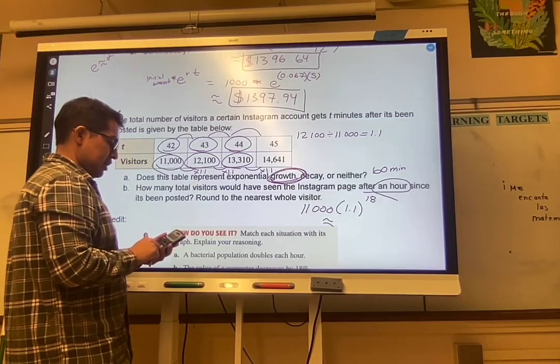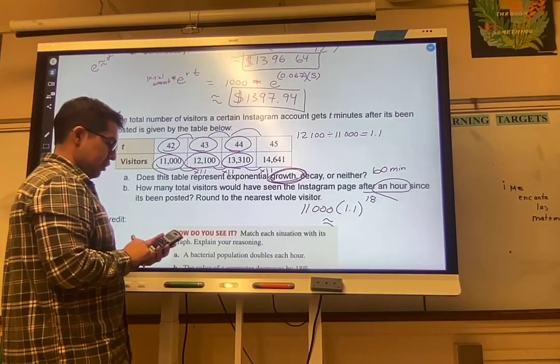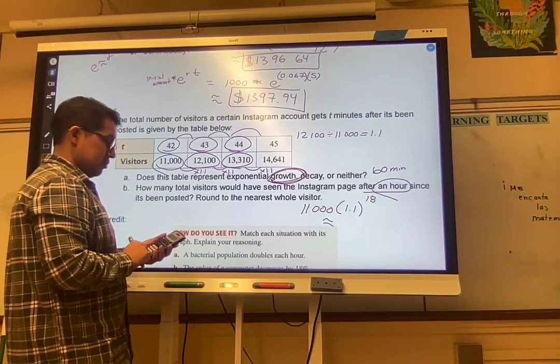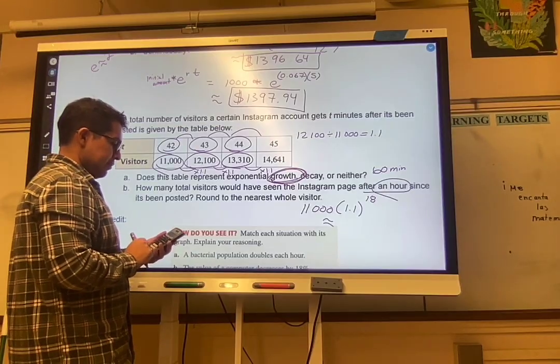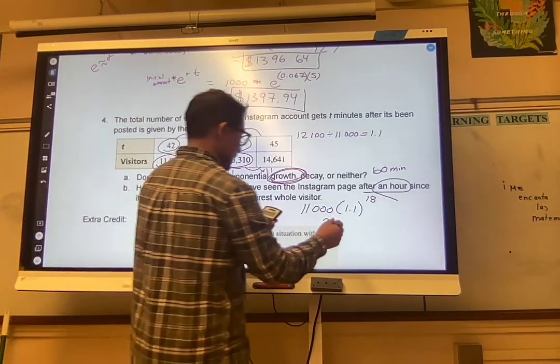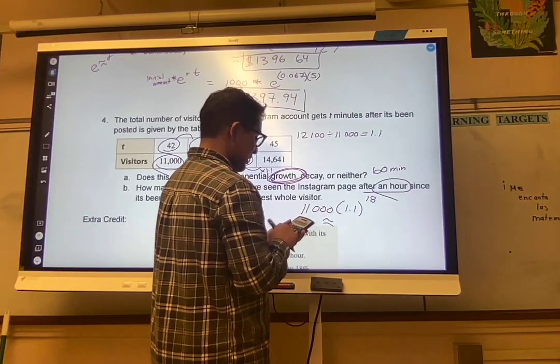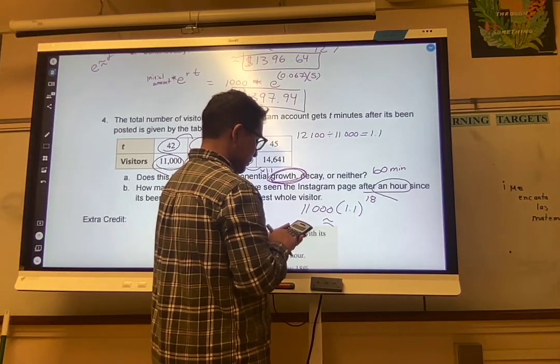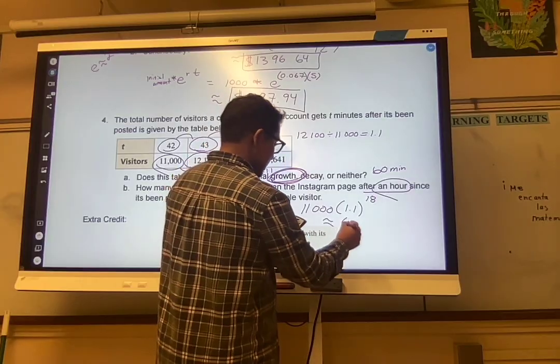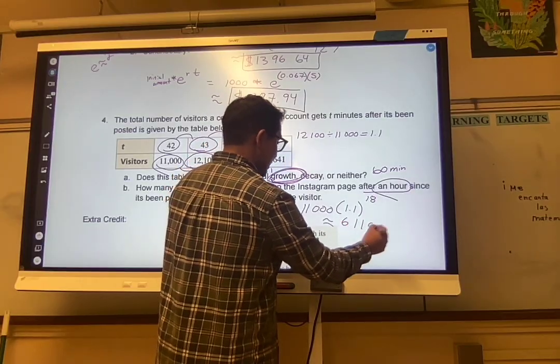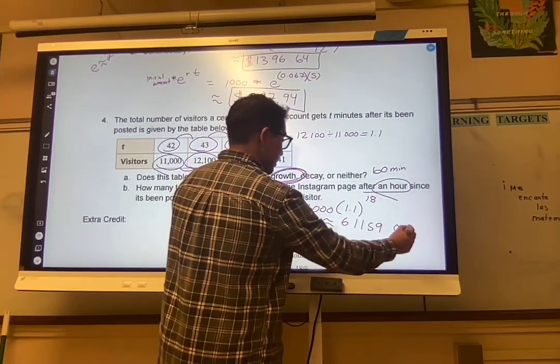So then I would just do 11,000 times 1.1, caret symbol, to the 18th power, and I get something in the neighborhood of, let me double check that. I got something that seems slightly big. No, it is what it is, 61,159.09.